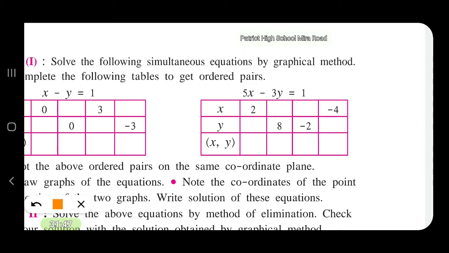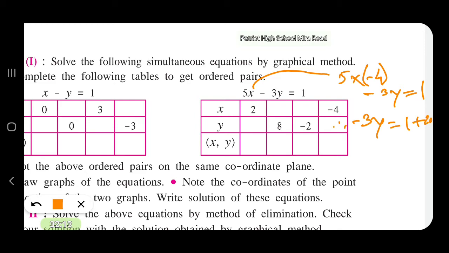Going for the last ordered pair, you substitute x is equal to minus 4 in this. So it will be 5 into minus 4 minus 3y is equal to 1. Therefore minus 3y is equal to 1 plus 20.